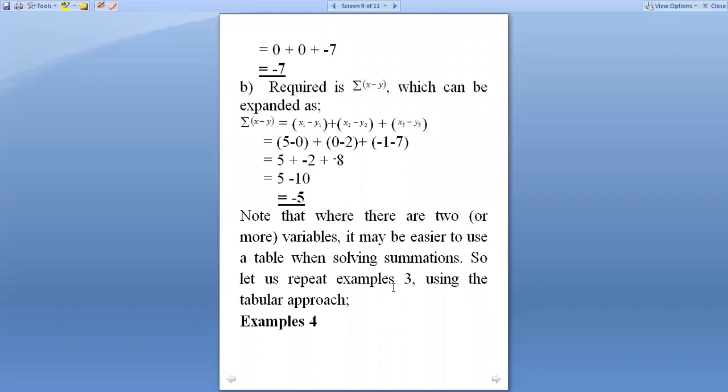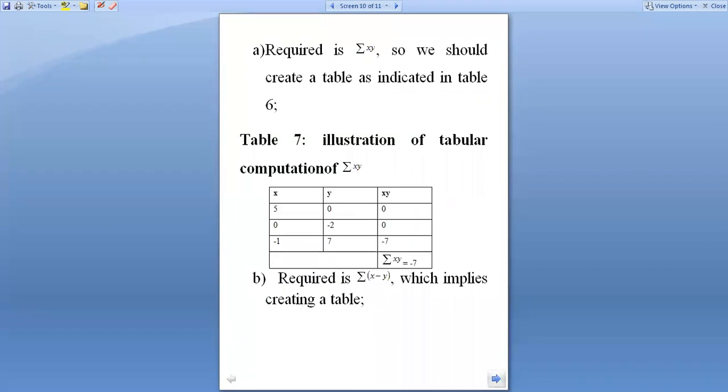So let us repeat example 3 using a tabular approach. We are required to sum up the products of the corresponding observations. We could write a table as illustrated here.